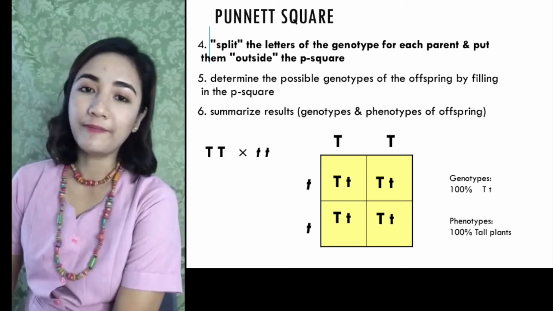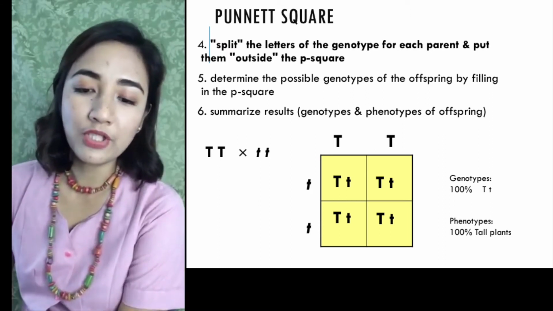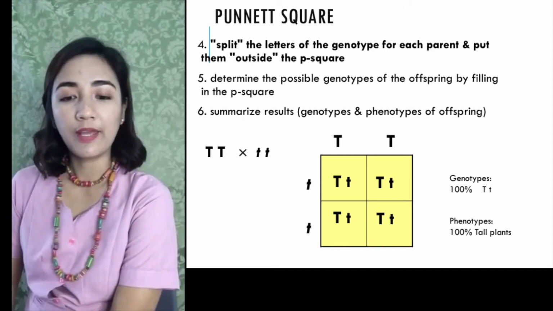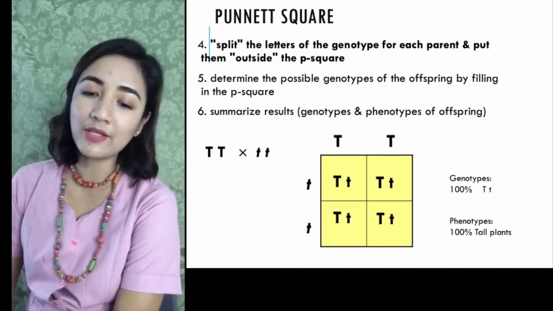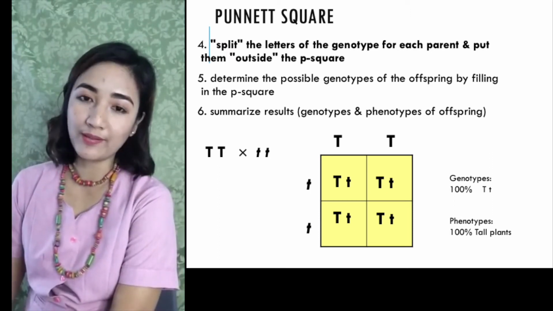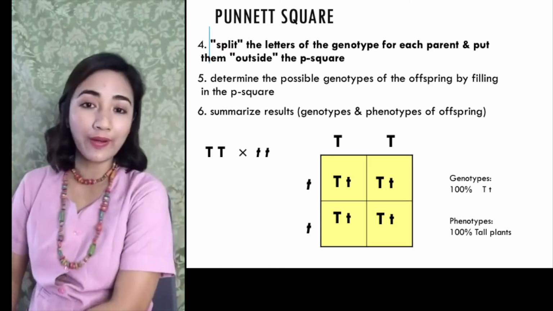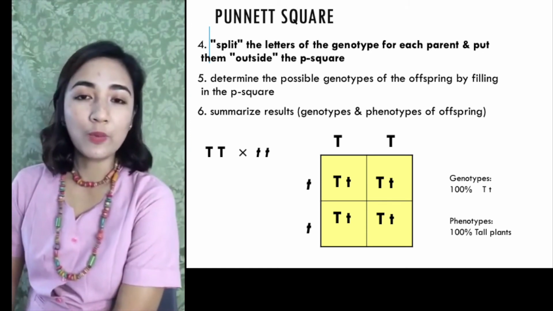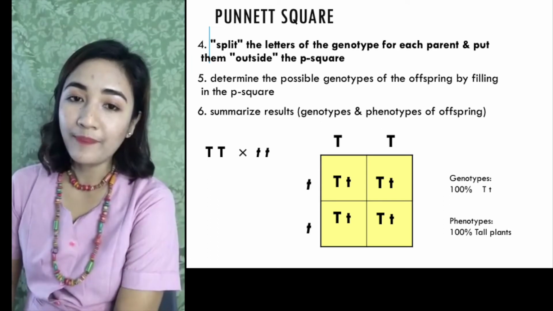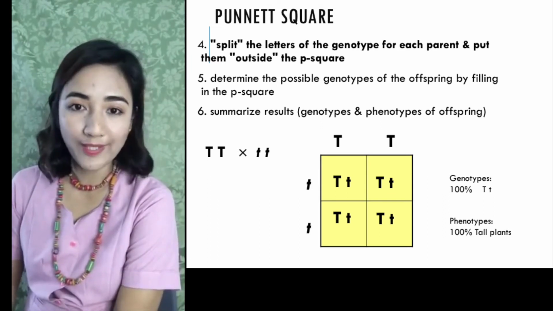Number 5. Determine the possible genotypes of the offspring by filling the Punnett Square. And number 6. Summarize the results, the genotypes and phenotypes of the offspring. So what is the use of the Punnett Square? In the Punnett Square, we are going to determine the genotype and the phenotype of the offspring.